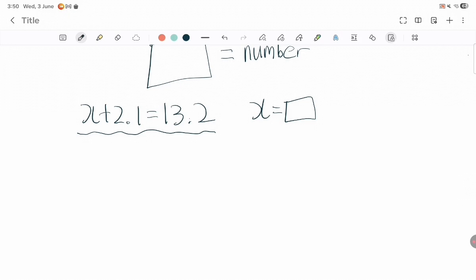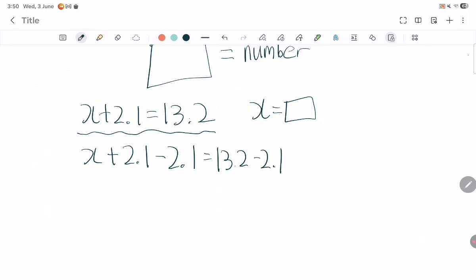And so we are going to subtract 2.1 on each side. Why? To isolate this x. Then we can find the value of x, the value that restores the balance of this equation.